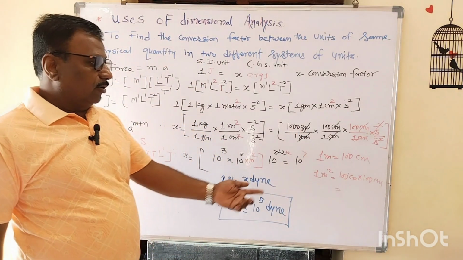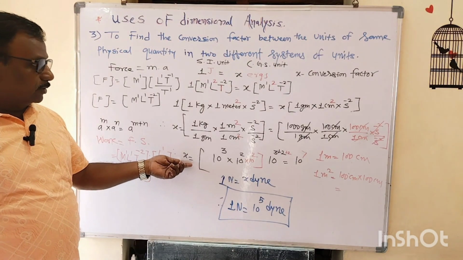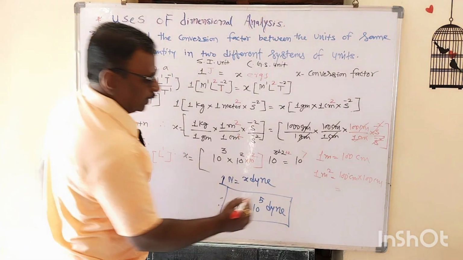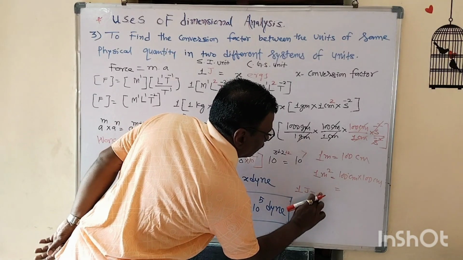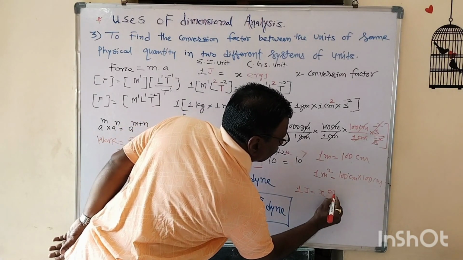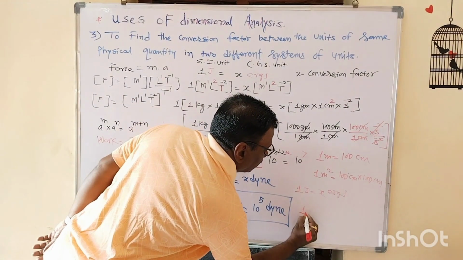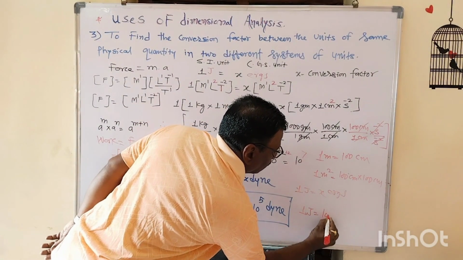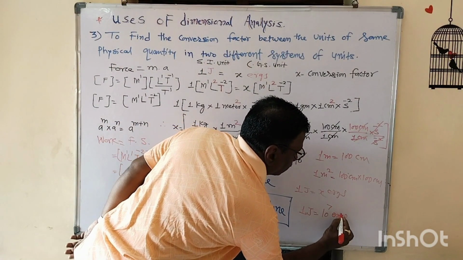So this is the value of X, where X is a conversion factor. Now substitute this value here. 1 joule is equal to X ergs. Now put the value of X. So 1 joule is equal to 10 to the power 7 ergs.